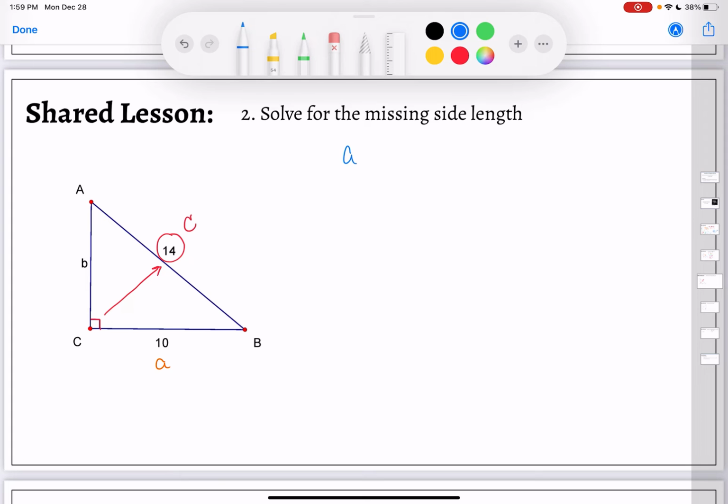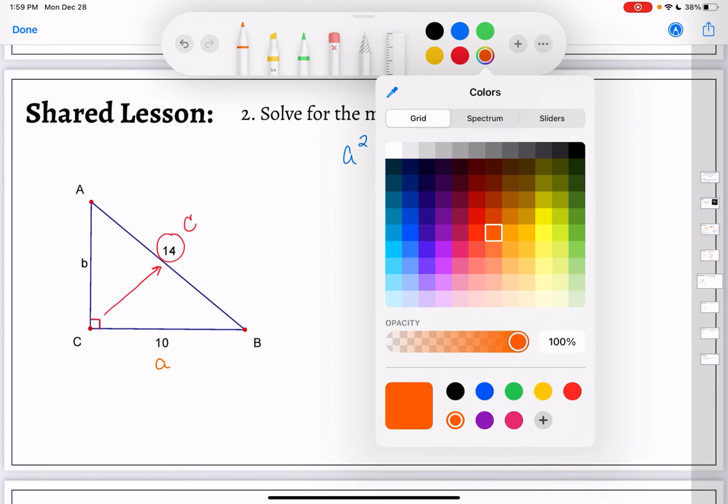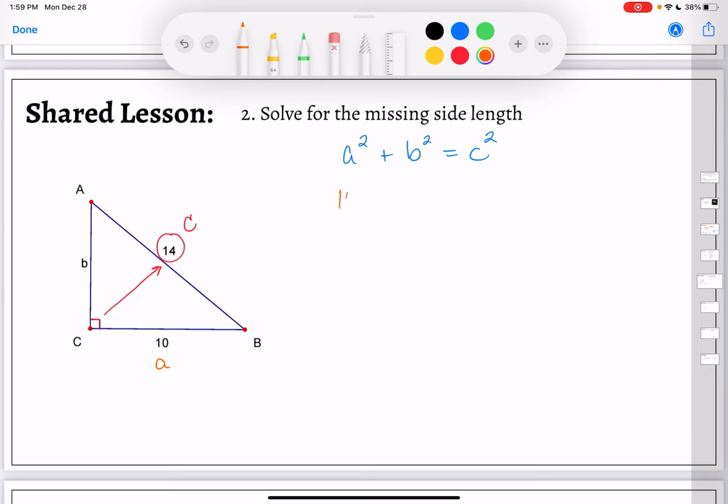So a squared plus b squared equals c squared is what I'm going after. You don't have to write that part down, but just so that you know why I'm putting the numbers where they go. So that would be 10 squared plus B squared equals 14 squared.